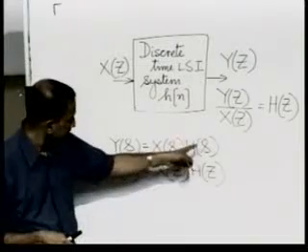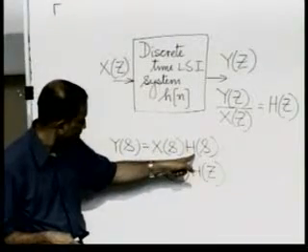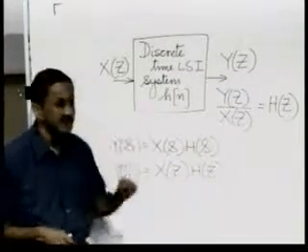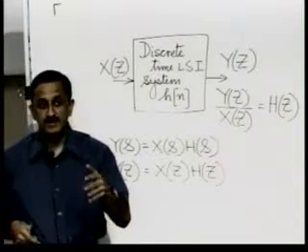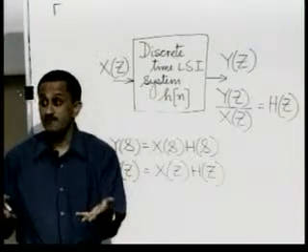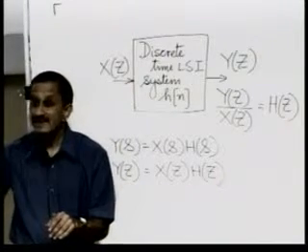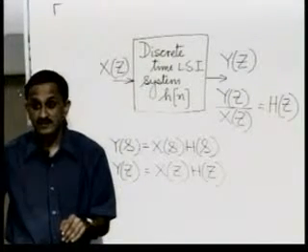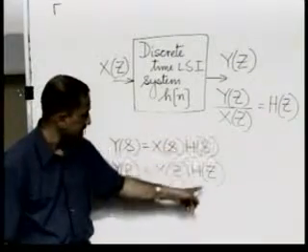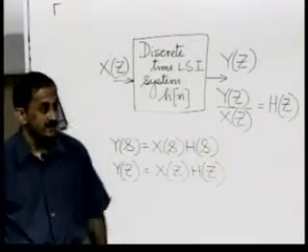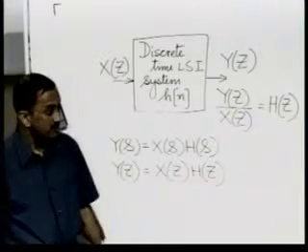And similarly, these quantities H(s) and H(z) are in some sense the projections or the components of the impulse response along the same eigenfunction, e raised to the power of st in this case or z raised to the power of n in this case. So, what are we saying?